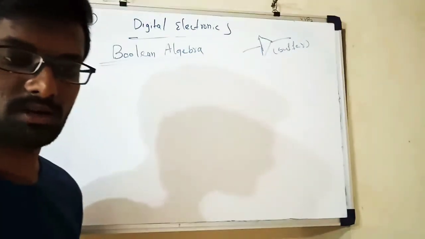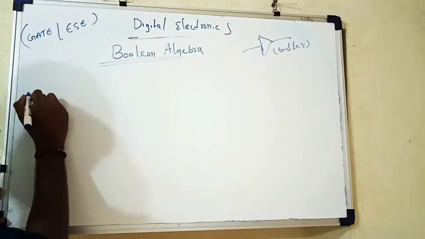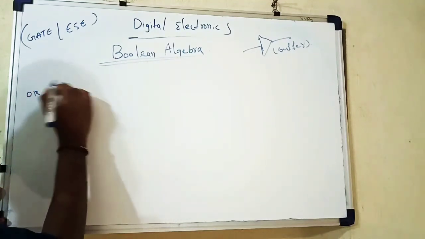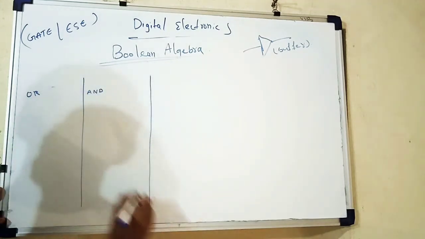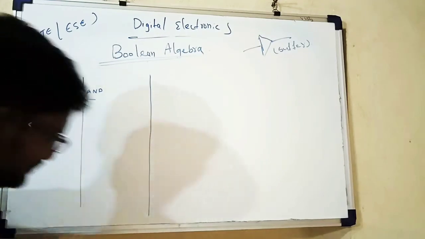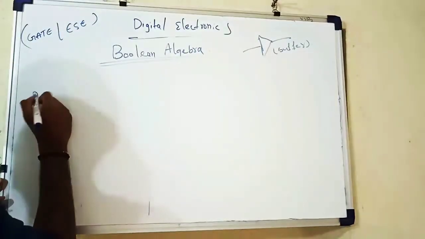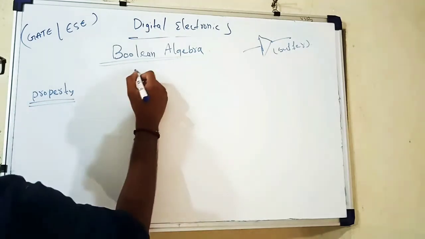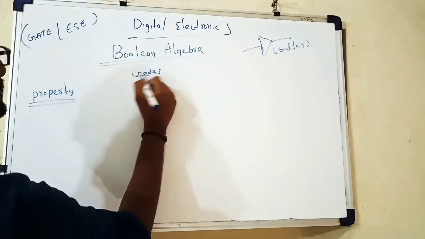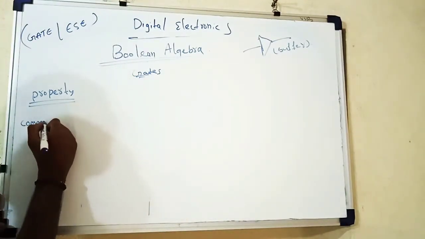Now let us see some important properties that these gates hold. First I am writing for the OR gate, AND gate. This is the property, and this is the gate. First of all, I am writing commutative property.